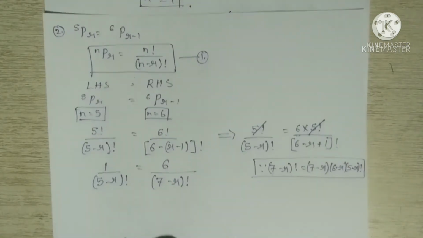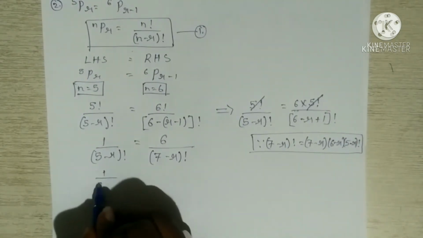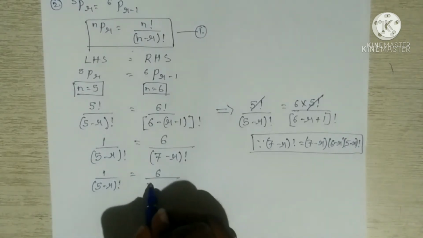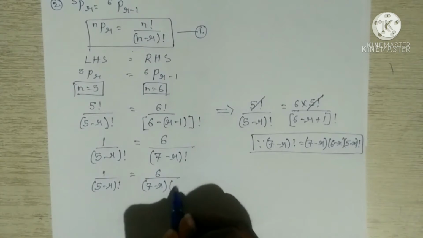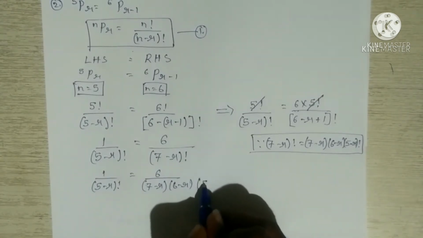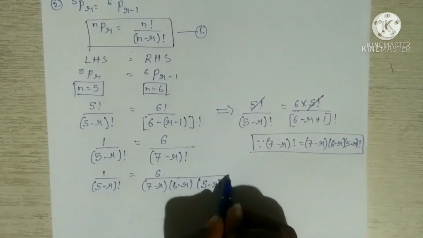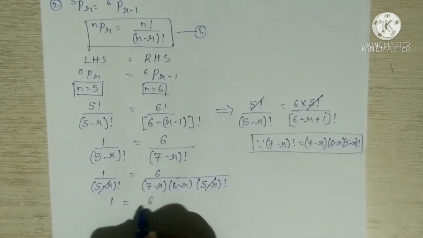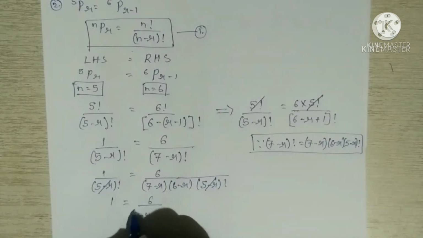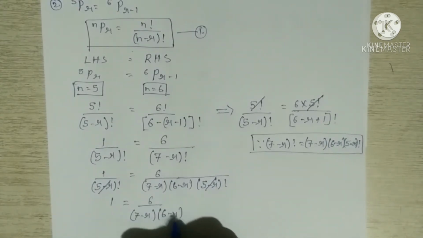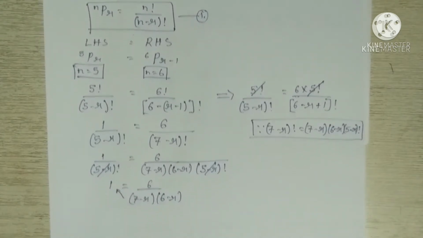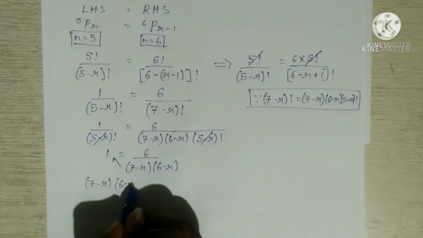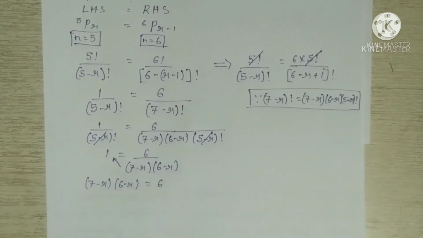Then 1 by (5 minus r) factorial is equal to 6 by (7 minus r)(6 minus r)(5 minus r) factorial. (5 minus r) factorial cancel, then 1 is equal to 6 by (7 minus r) into (6 minus r). Cross multiply. Okay, (7 minus r) into (6 minus r) will be equal to 6.